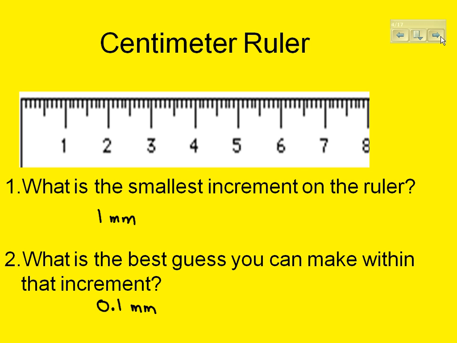If your smallest increment was 1/10 of a centimeter, your best guess will be to 1/100th of a centimeter. If you're using a centimeter ruler, you should be reporting your value to 1 decimal place if you're reporting it in millimeters, and to 2 decimal places if you're using centimeters.